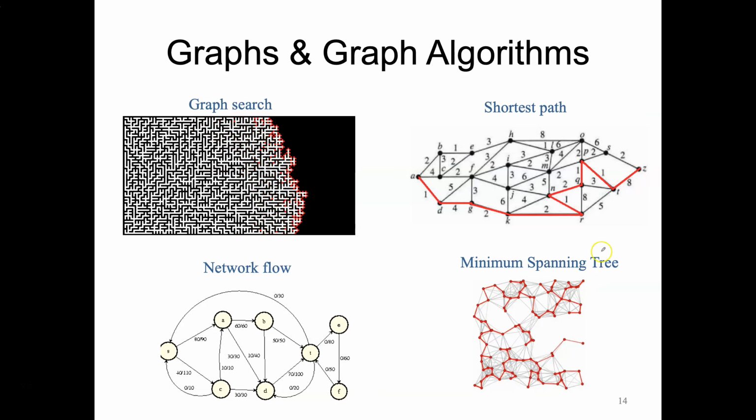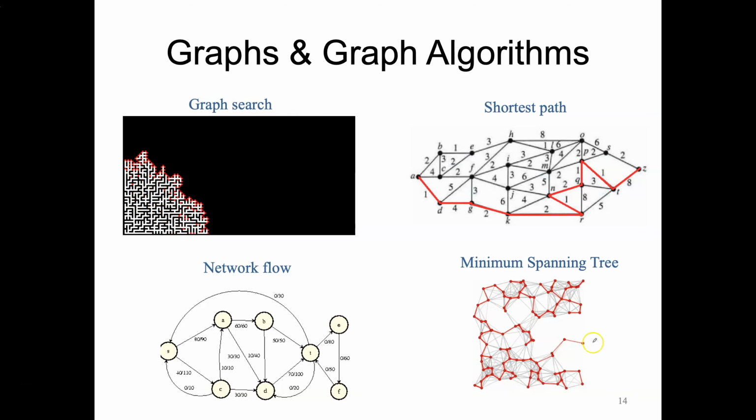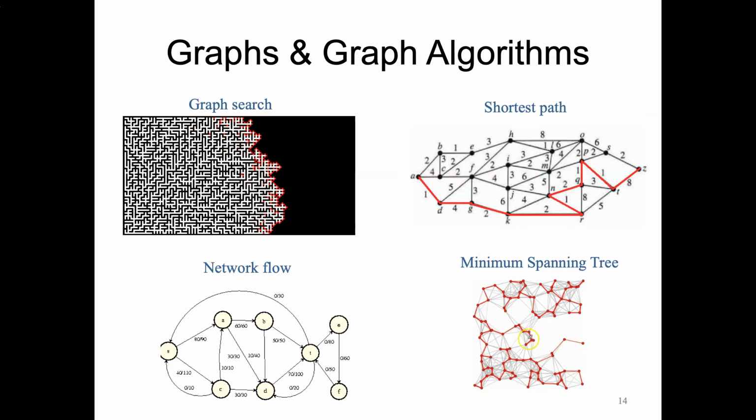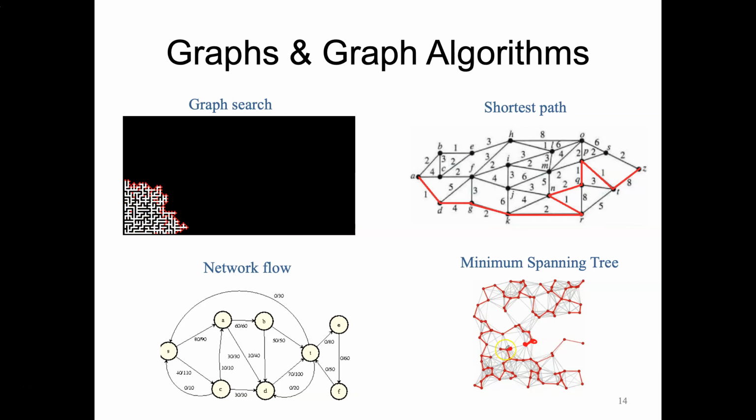We'll also see how to build a minimum spanning tree. This is useful for network design. It answers the question of how to connect all vertices in the graph in the least expensive way. For example, if we want to build a wired connection between buildings on campus so that all buildings are connected, but perhaps connecting the math and science building to, let's say, the liquid crystals building is expensive, much better to connect it first to the physics building and then the library and then work our way around to liquid crystals.